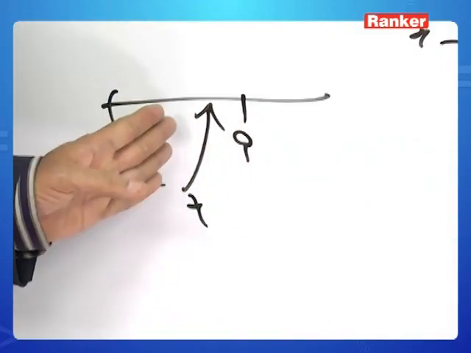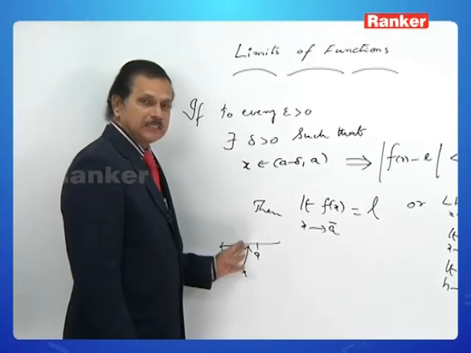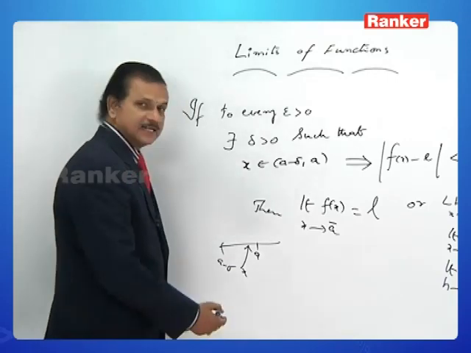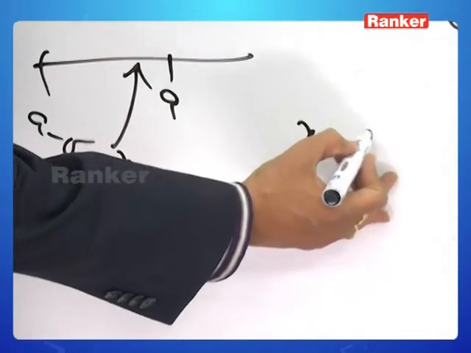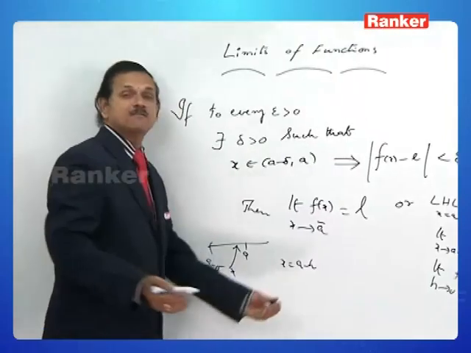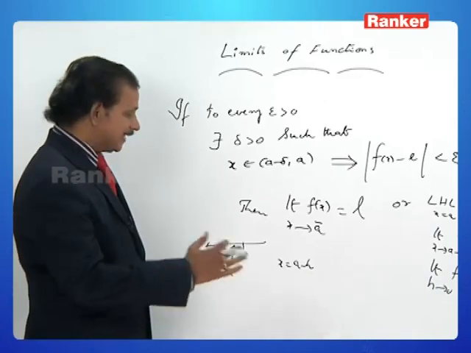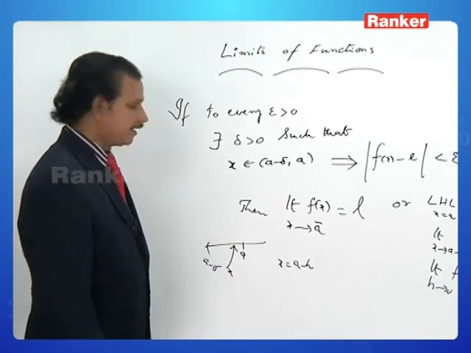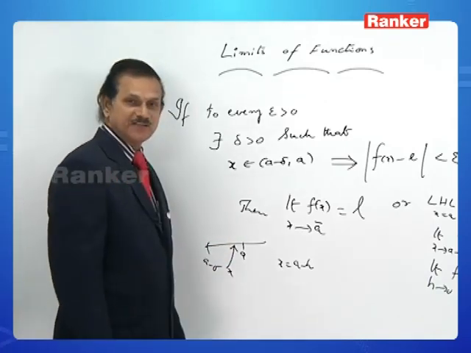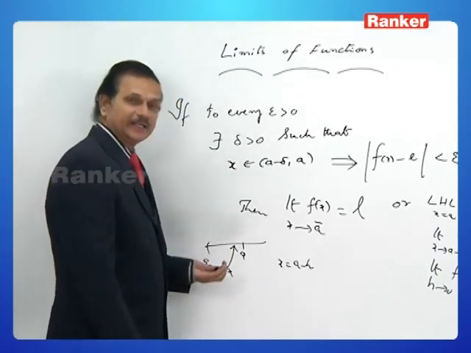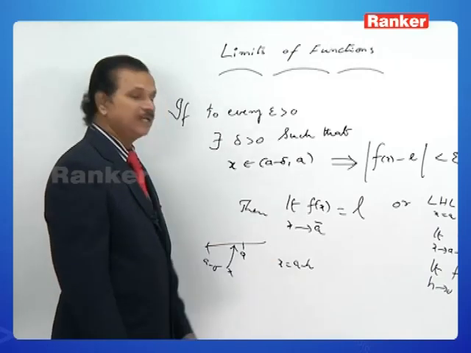X is behind a. It does mean that x is less than a, surely. X is less than a means x is equal to some a minus h for some positive number h. H is basically a positive number. A minus h is strictly less than a. We are able to use a minus h in the place of x because x lies behind a, that is, less than a.